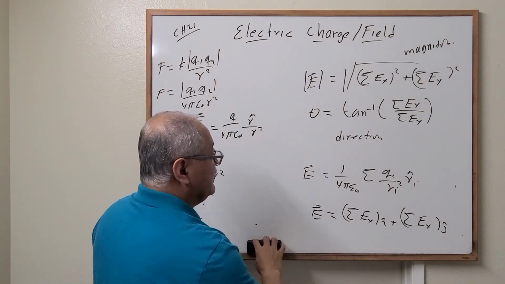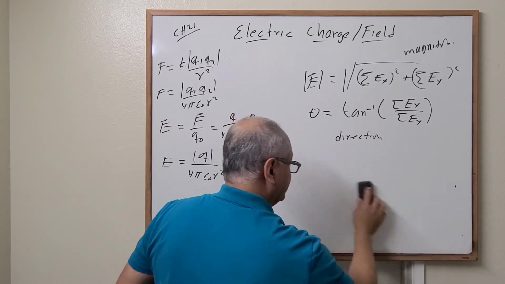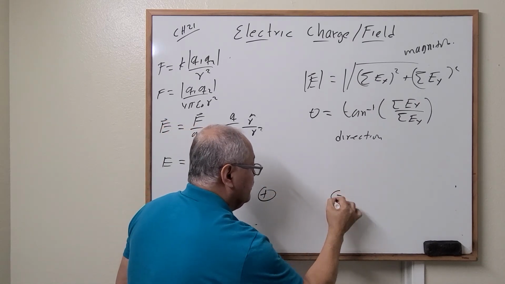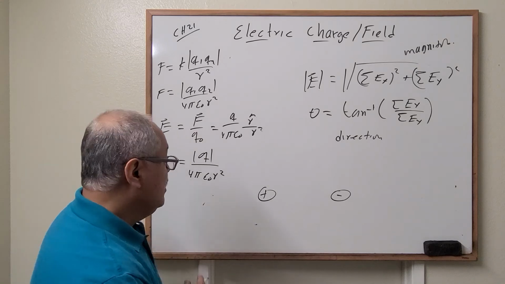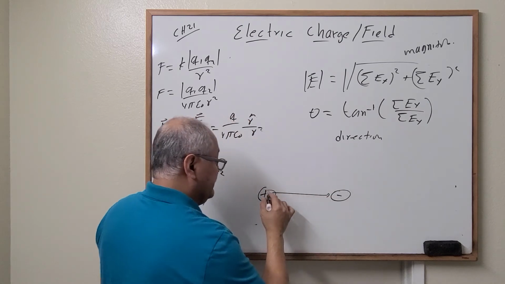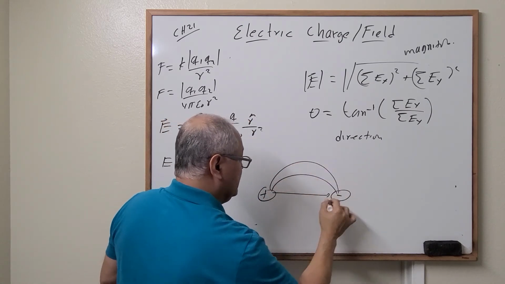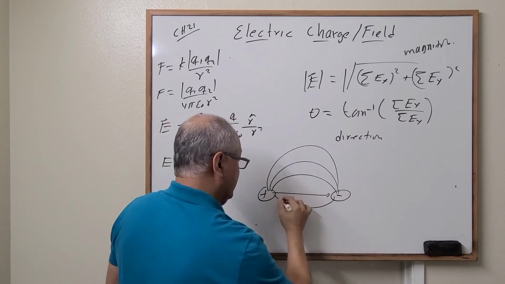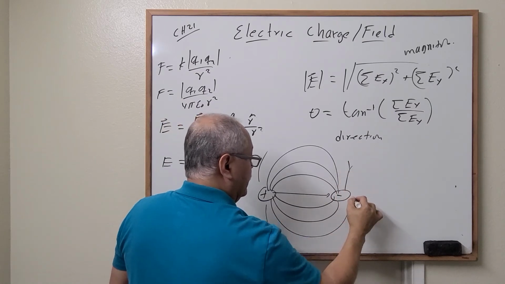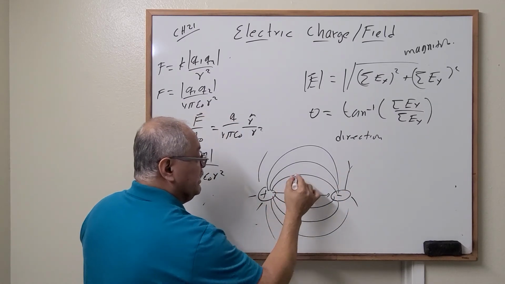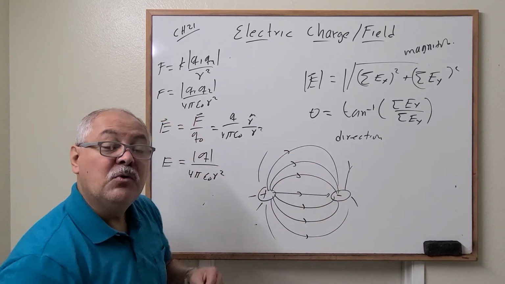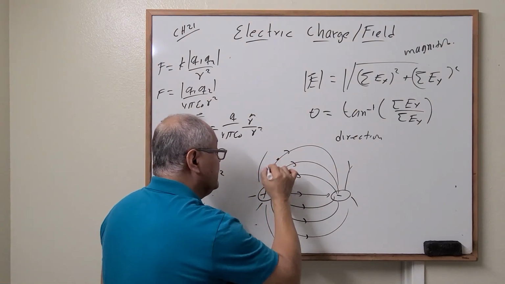Got it? Perfect. Now what happens when we have two charges? Imagine we're looking for the electric field between these two charges. We know that by convention, the electric field leaves the positive charge and enters the negative charge. Imagine this is the situation right here. So this is the electric field between these two charges. It goes from positive to negative. Imagine that we're looking for the electric field at this point. How can we find it?